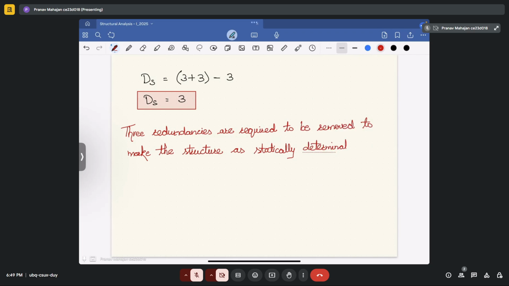Fine. So in case of a hinged beam, your degree of static indeterminacy will always come out to be equal to 3. So that means the beam has static indeterminacy of order 3, and when you remove all the 3 forces, or you can say one hinge from the structure, then only the structure will become statically determinate. Fine.